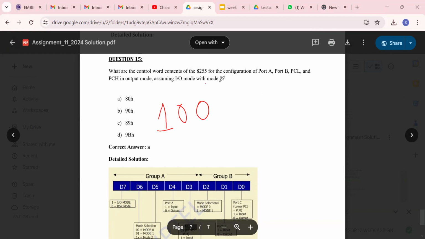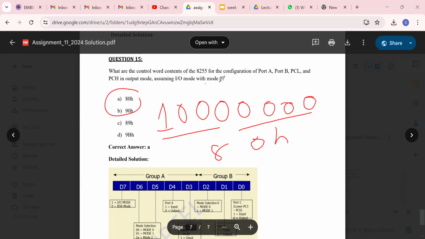And when I go to D4, I am using port A as output mode, so it is 0. And when I go with D3, again port C upper is also output mode, 0. And mode 2 selection, mode 0, that is also 0. And when you go with D1, port B is also 0. D0 is also 0. All values are 0. So when you see that, this is 80H.